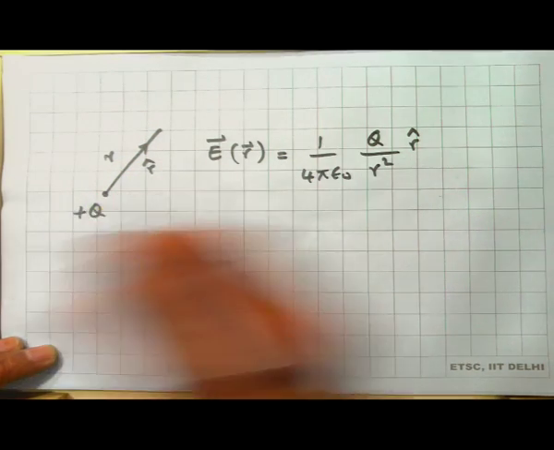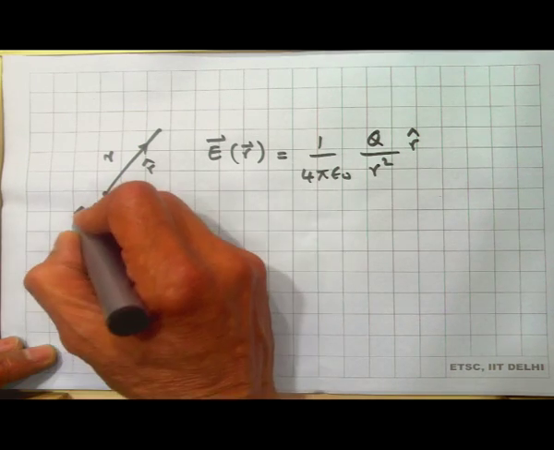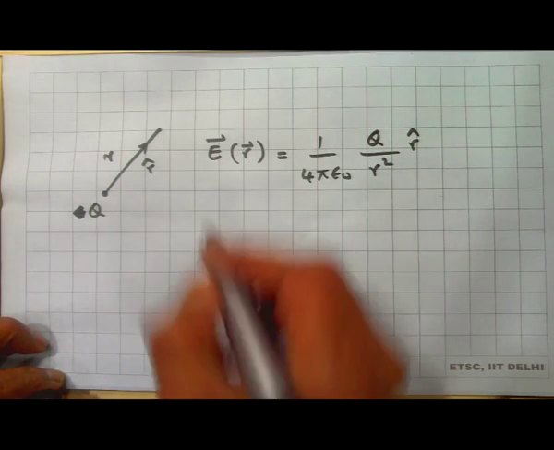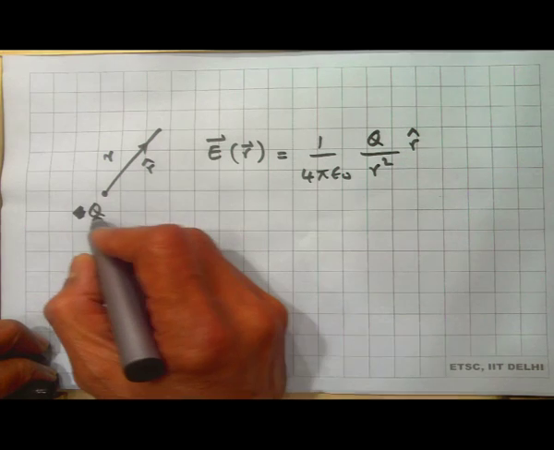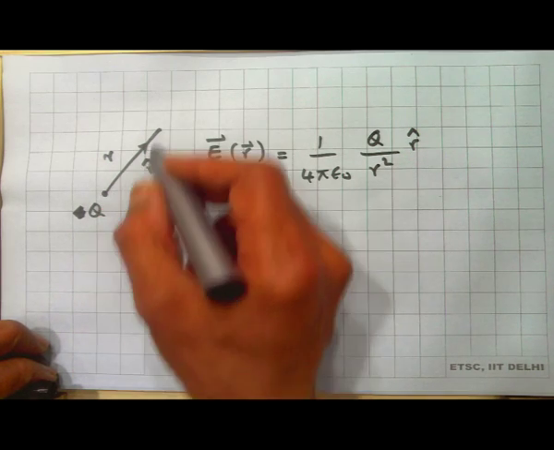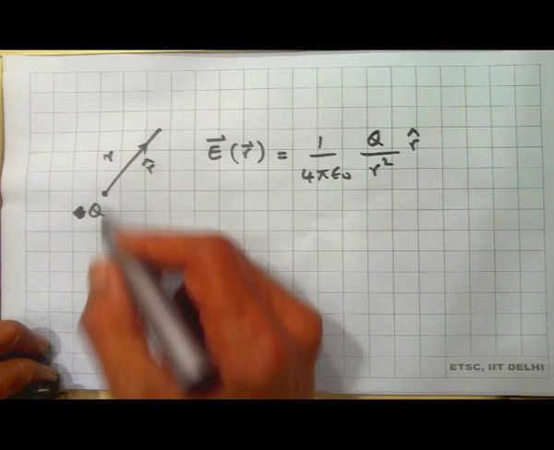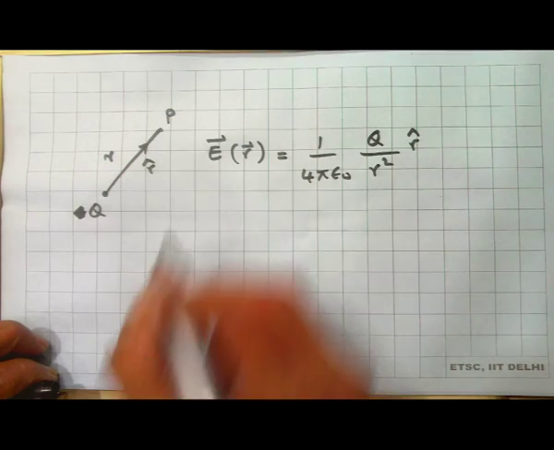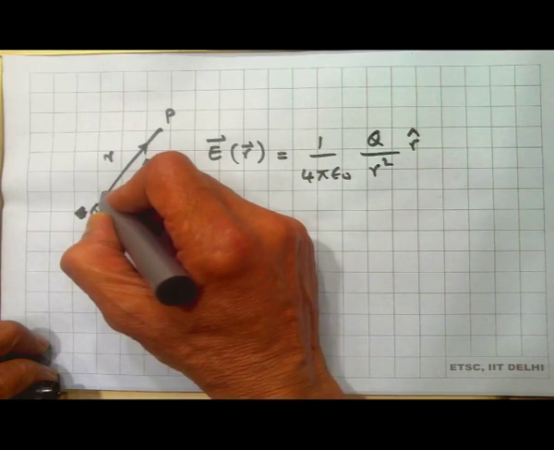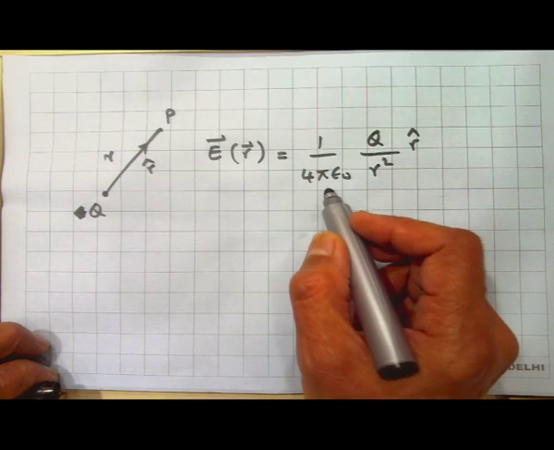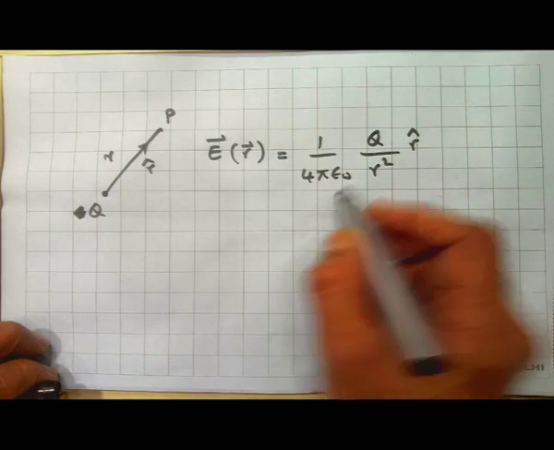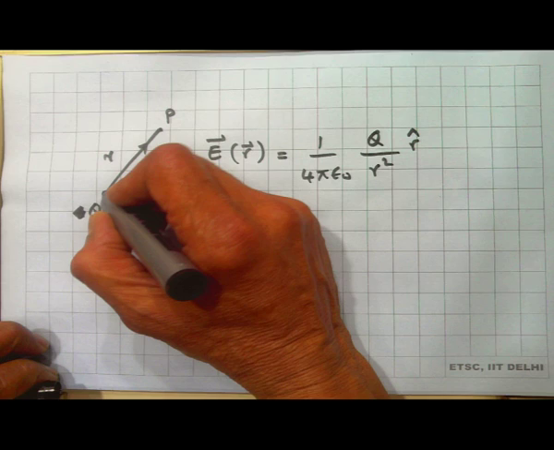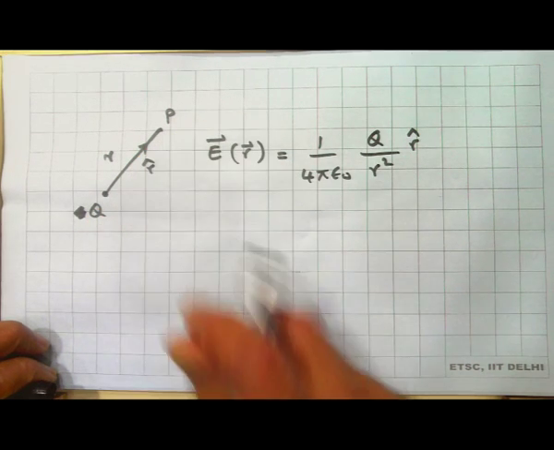Actually, this is valid for all charges, so let me not say just plus q, it is some charge Q, which could be positive or negative. So, we say that any charge Q sets up an electric field in its surrounding, and the electric field at any point P, which is at a distance small r from the charge capital Q, is given by 1 by 4 pi epsilon 0 times Q by r square times r cap, where r cap is the unit vector joining this charge Q to the point P.